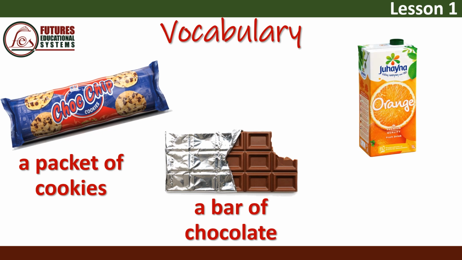What about this? A carton of juice. So here we're talking about food contained in something. I didn't say cookies. I don't know how many cookies are there, but I know that I have a packet of cookies, a bar of chocolate, and a carton of juice.